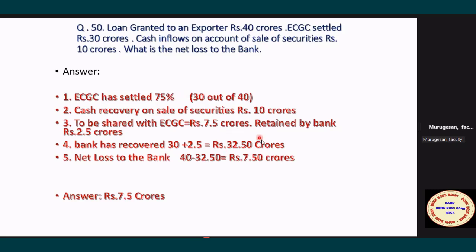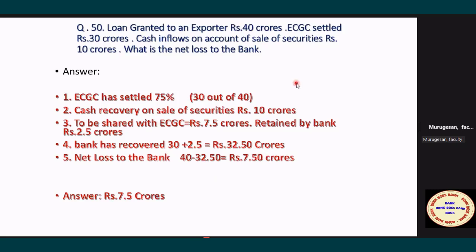Though we recovered 10 crore afterwards, we are paying back 7.5 to ECGC, so only 2.5 is available. So overall we have recovered 32.50. So the net loss to the bank is 7.50.